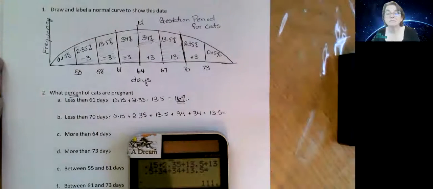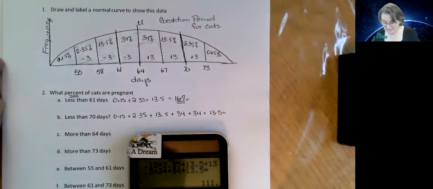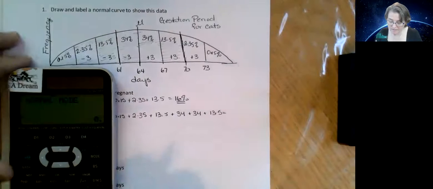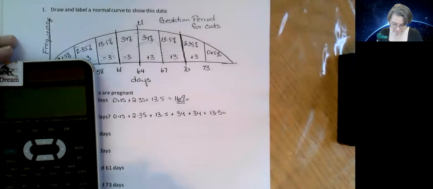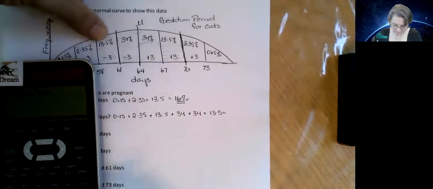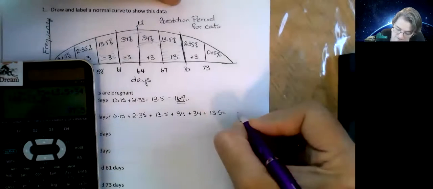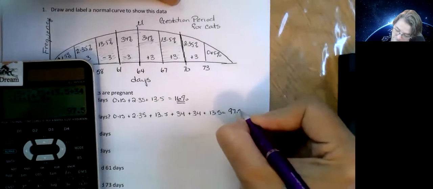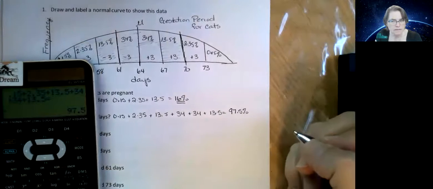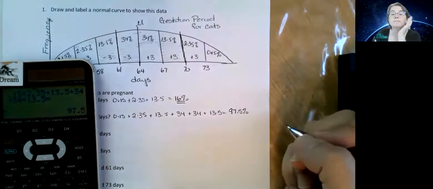Hey y'all, something went really wrong because that's a percent. And I certainly shouldn't have over 100%. Let me try that again. I don't know what I did. So 0.15 plus 2.35 plus 13.5 plus 34 plus 34 plus 13.5. Yeah, 97.5. So when you're adding up percents, if you ever add up to more than 100%, something is wrong.